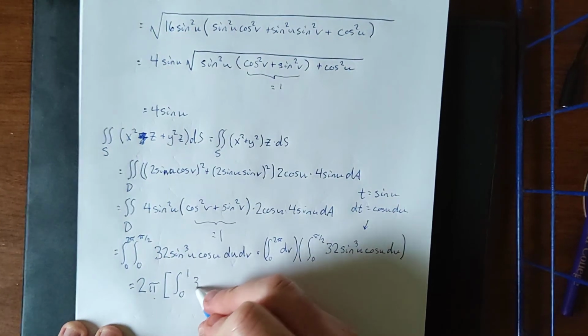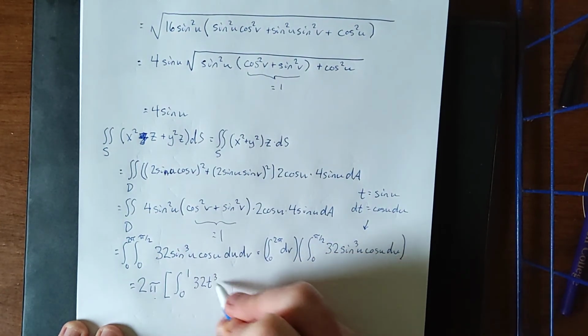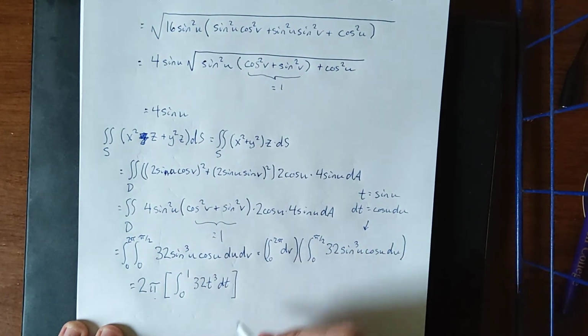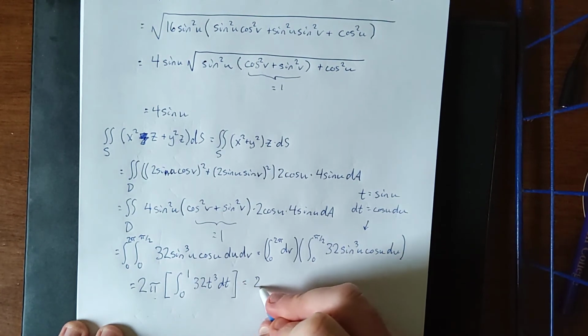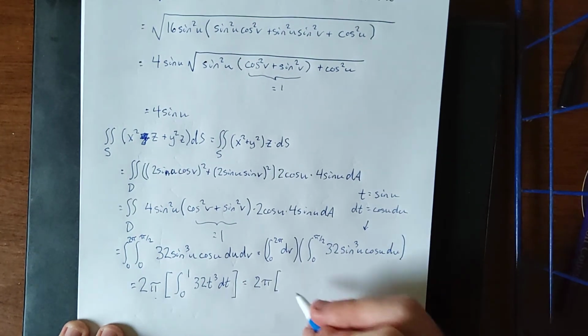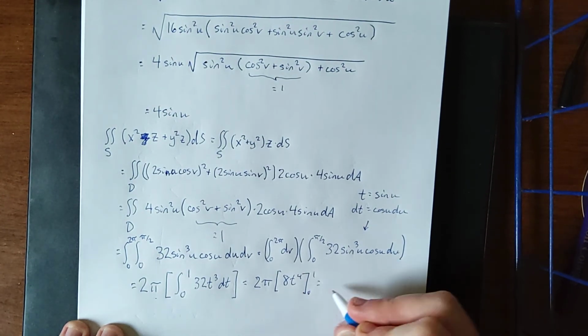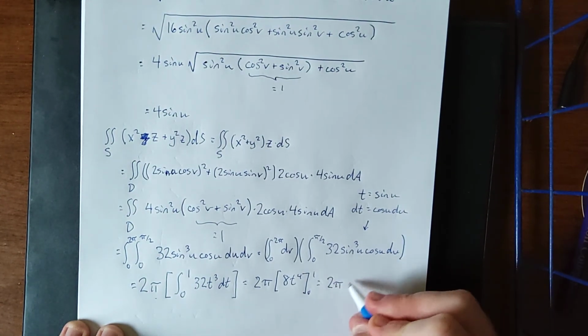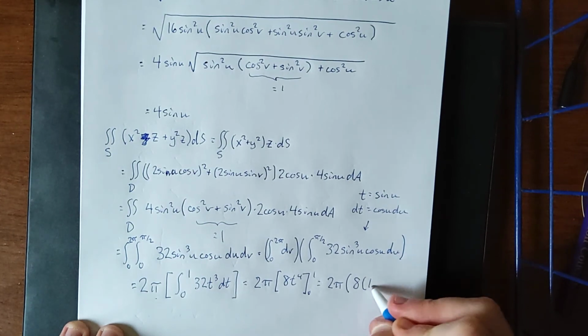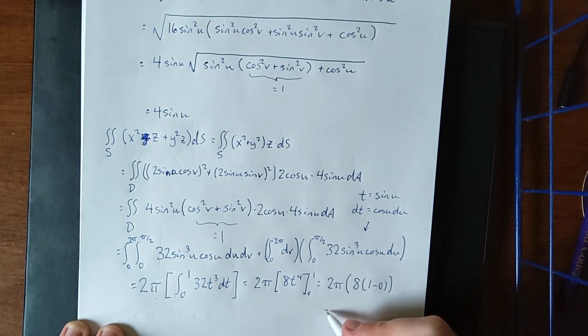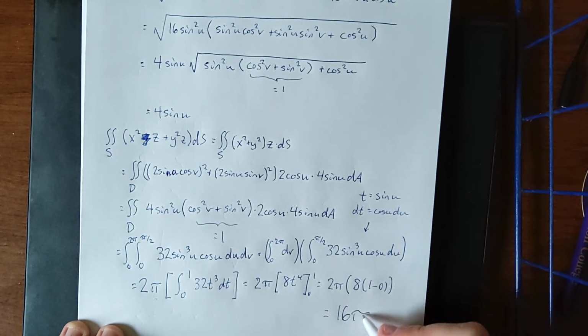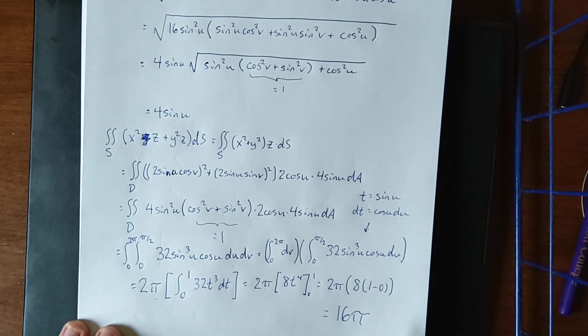This will become 32 times t cubed dt. So 2 pi sticks around. Integrating gives us 8 t to the 4th power, going from 0 to 1, which will give us 2 pi times 8 times 1 minus 0, for a final answer here of 16 pi.